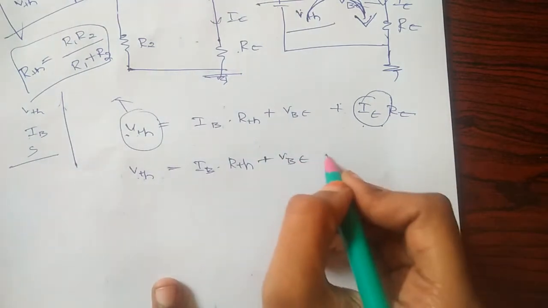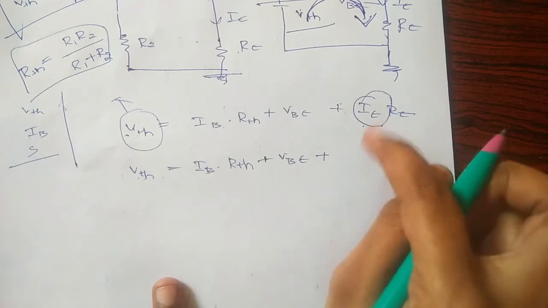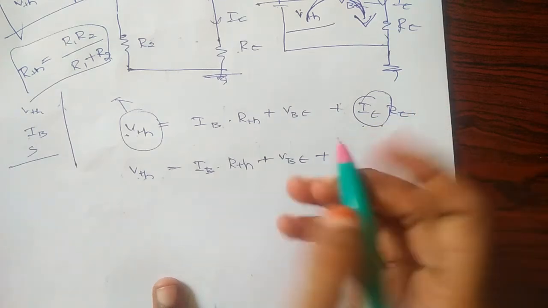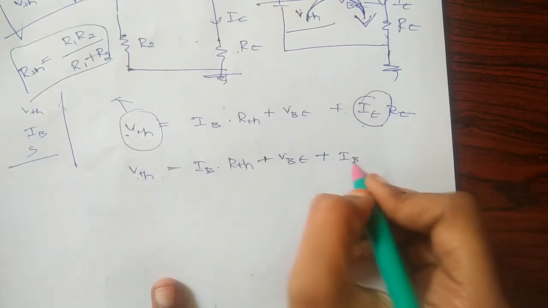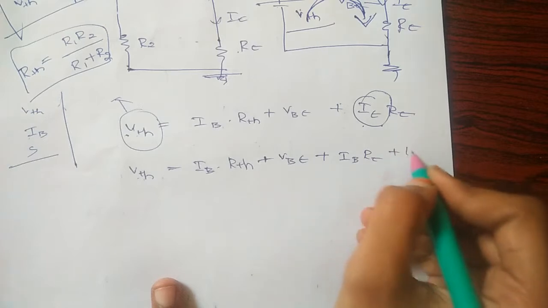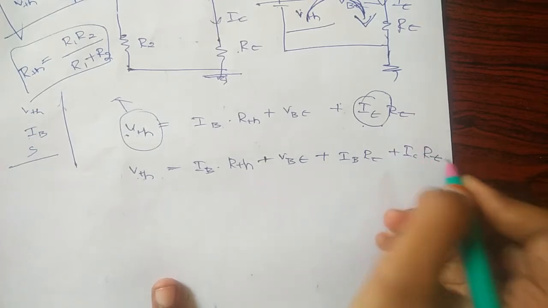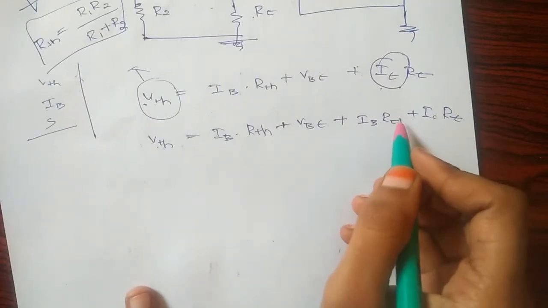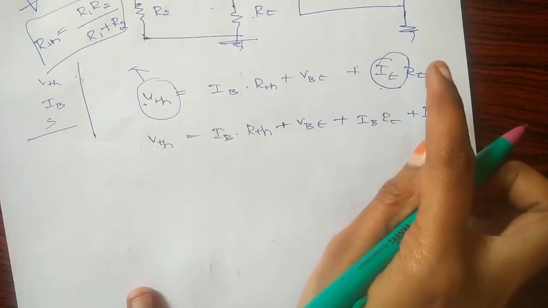Then VBE. As I said, IE is equal to IB plus IC. Then we have IB RE plus IC RE. So we know that IC is equal to beta IB.